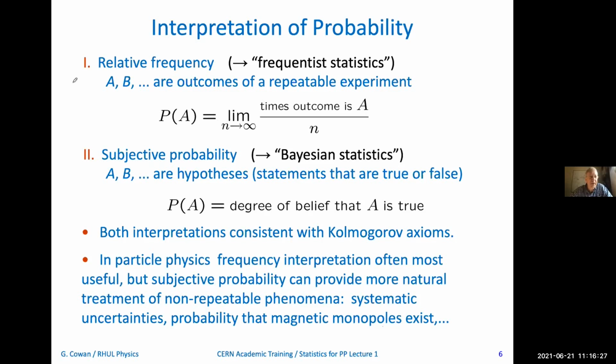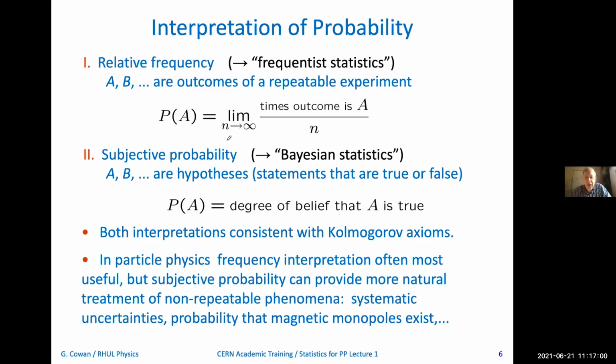You're surely familiar with the frequentist interpretation. Here, the elements of the sample space represent outcomes of a repeatable experiment. And we simply say that the probability associated with an outcome or a subset of some outcomes is simply the fraction of times that the outcome is in that subset in the limit that you repeat the experiment a very large number of times. So here I've written the limit n goes to infinity in some very mathematical looking notation.